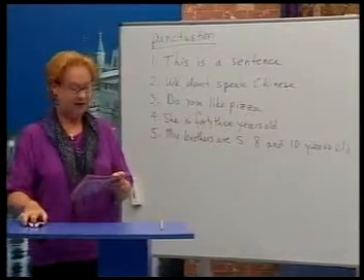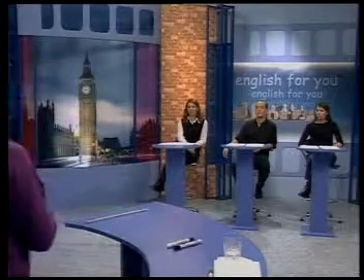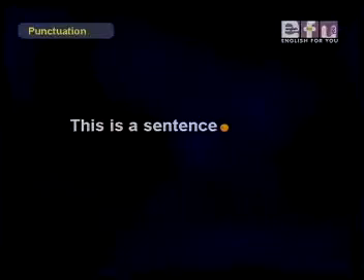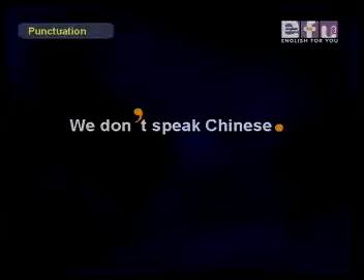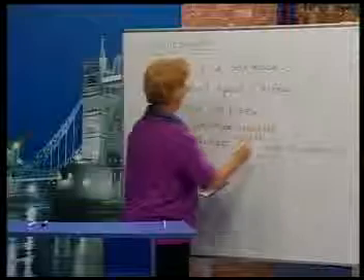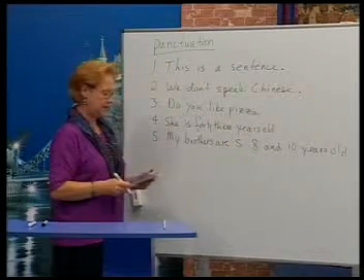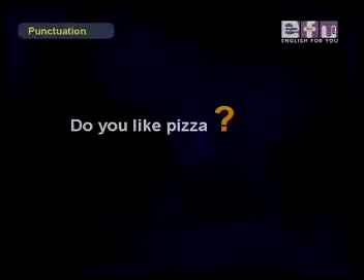So, Lisa, do number 1. This is a sentence. Period. Yes, good. Okay, Ali, number 2. We don't, an apostrophe, speak Chinese, period. Good. All right. 3. Isabel. Do you like pizza? Question mark. Good.